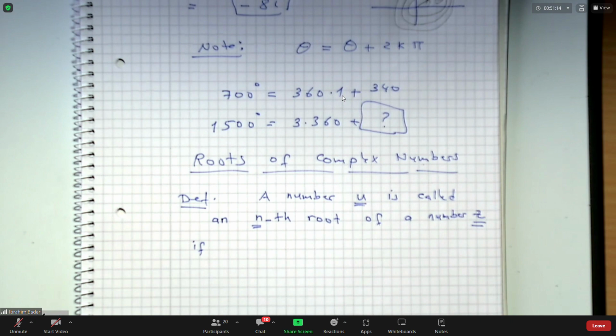If I say 2 is a third root of 8. Is it a third root of 8? What do you think? Is it?